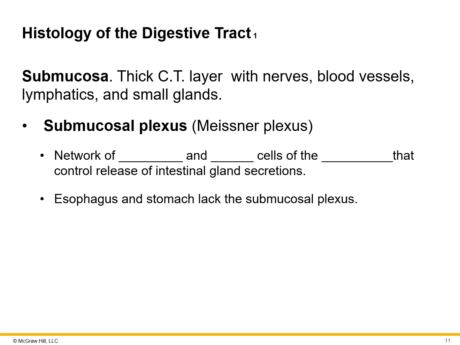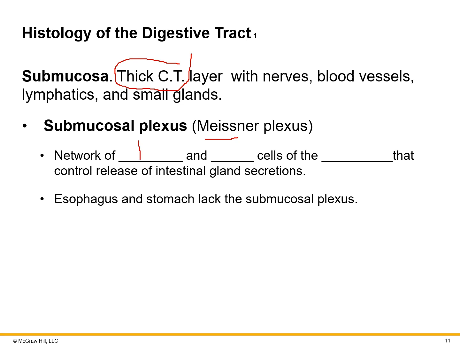Now, the submucosal layer, it is quite thick and made up of connective tissue. The submucosal plexus is also called the Meissner plexus. And it has a network of neurons and glial cells.